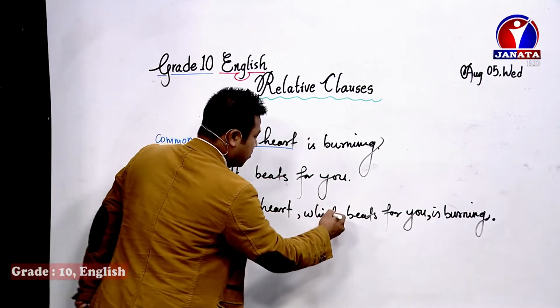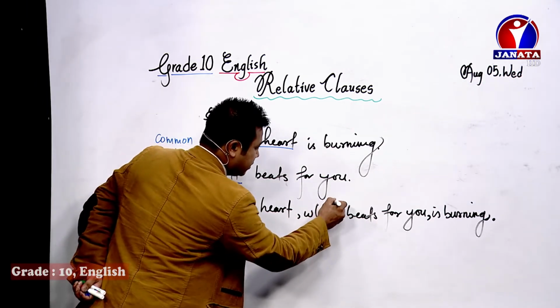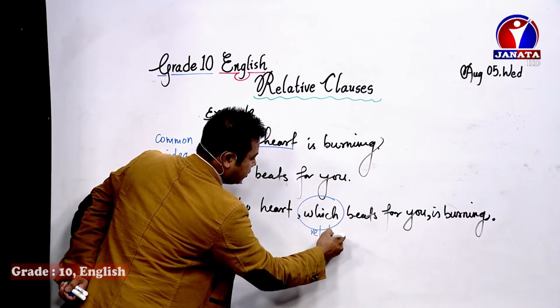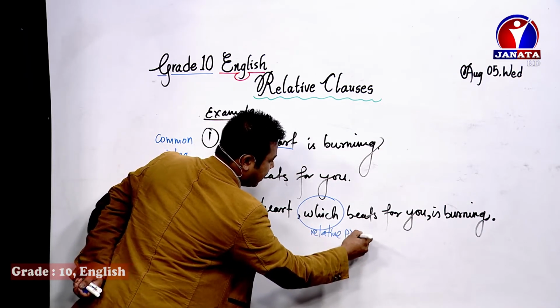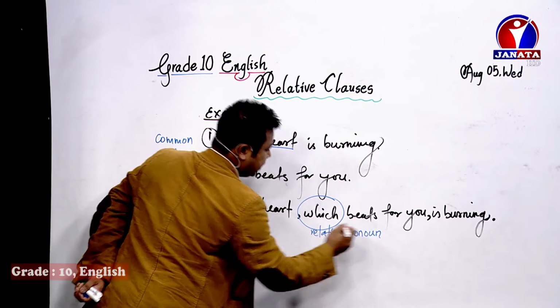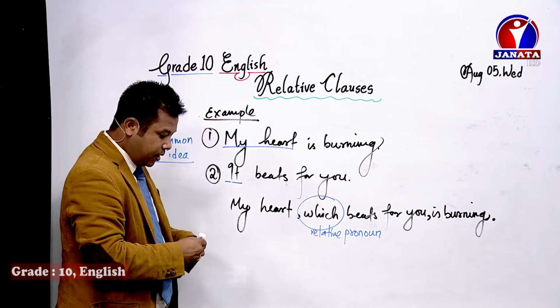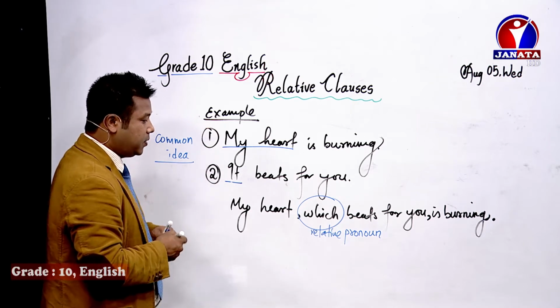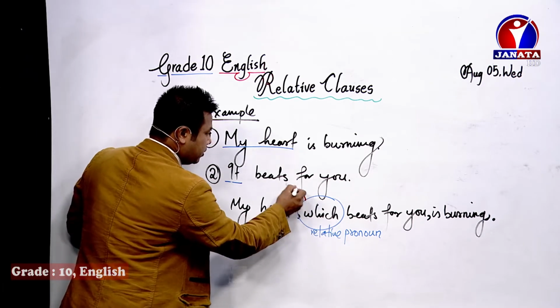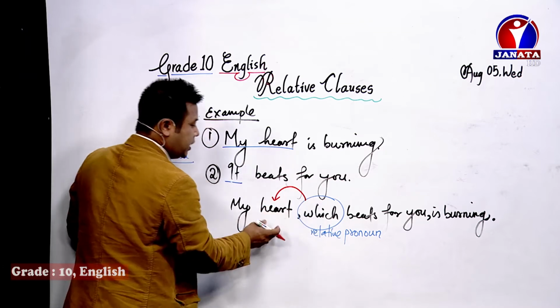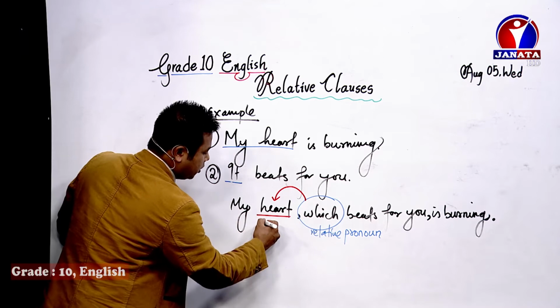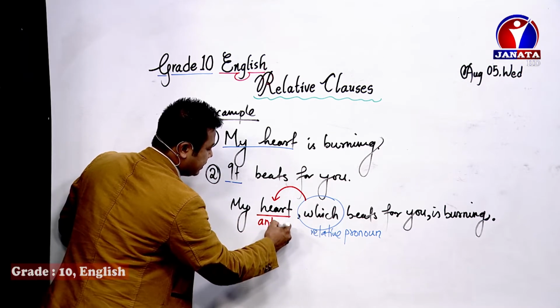Now, when you merge them into one sentence, like I've mentioned, we're using one relative pronoun. See, this is the relative pronoun. A relative pronoun in the clause refers to a noun which is kept close to it, which in grammar is called the antecedent.